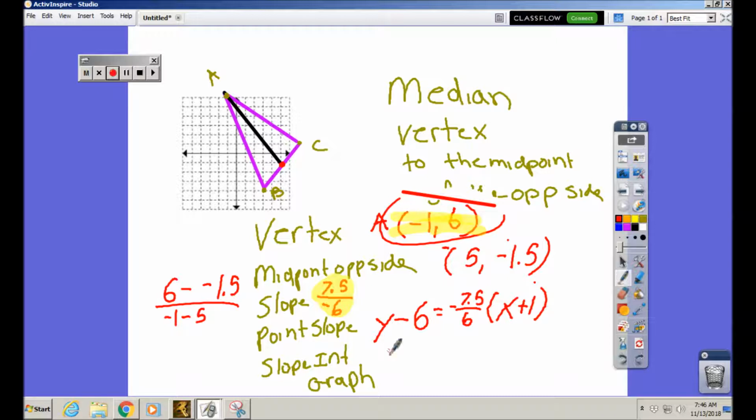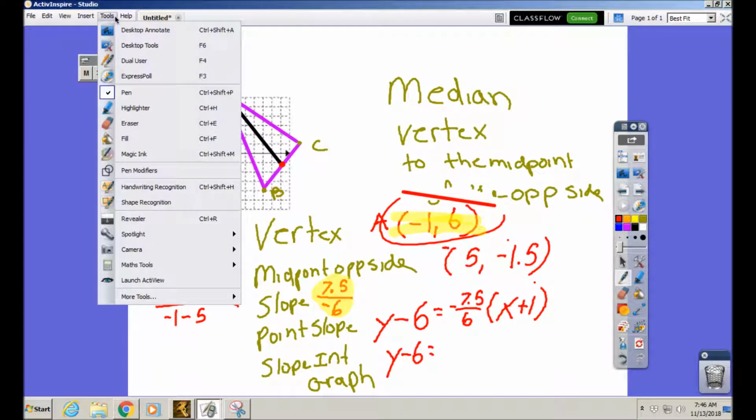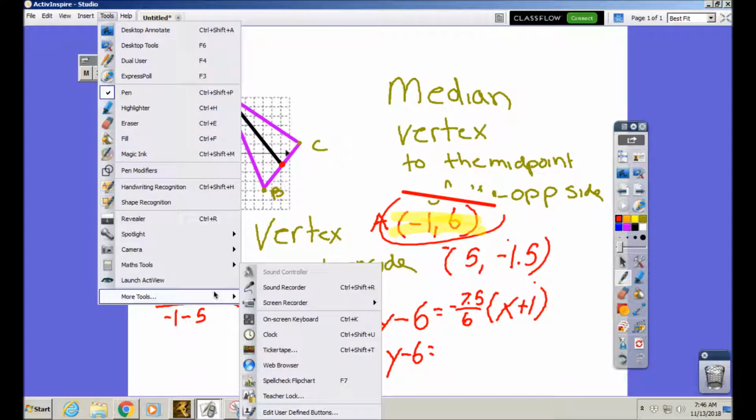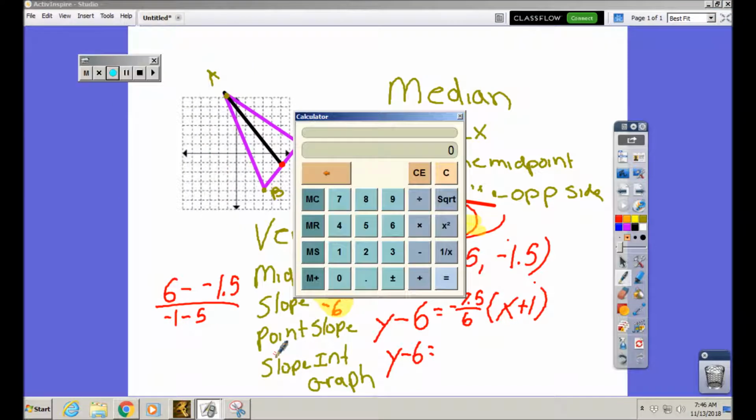So now let's turn this into slope-intercept form. By the way, guys, what is negative 7.5 divided by 6? Whoa, I almost came out of the wall here. I have a calculator. Anybody figure it out for me?